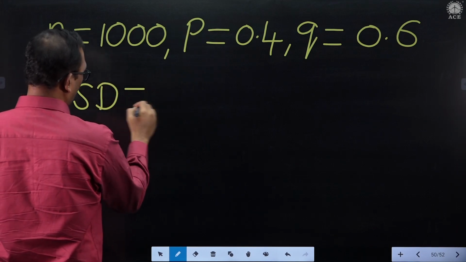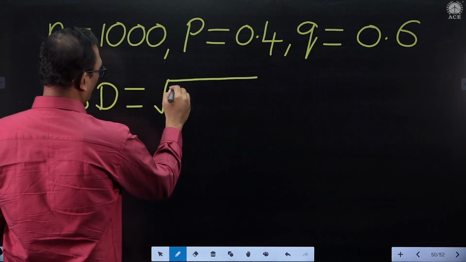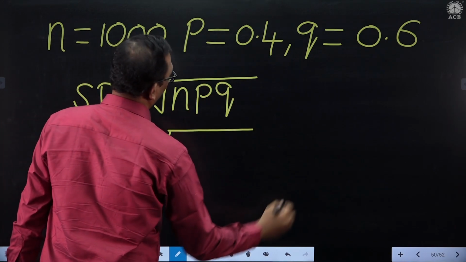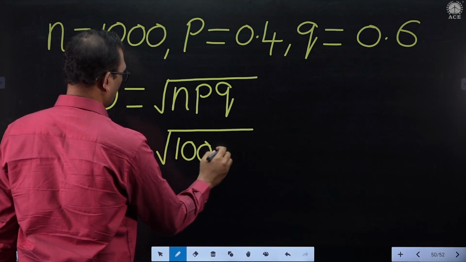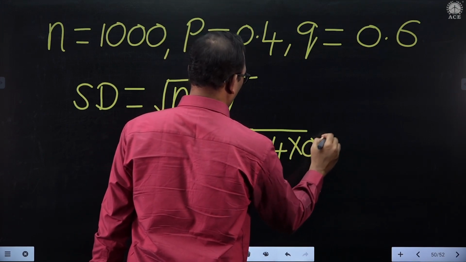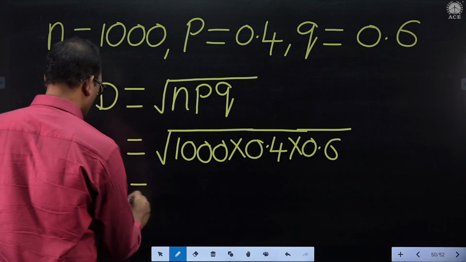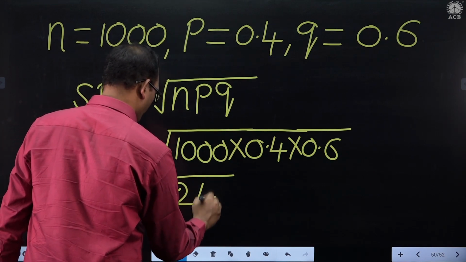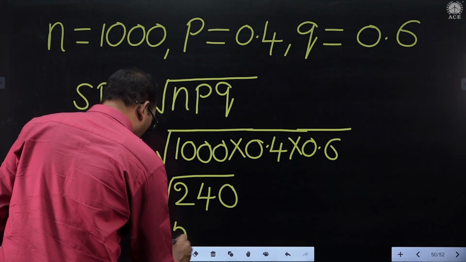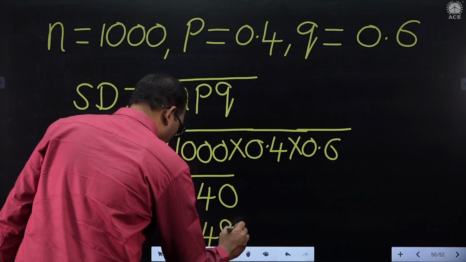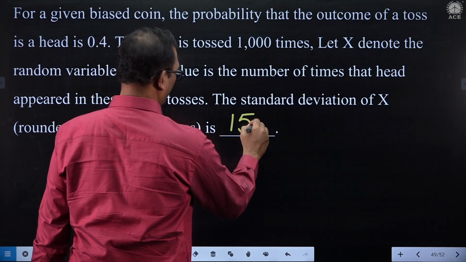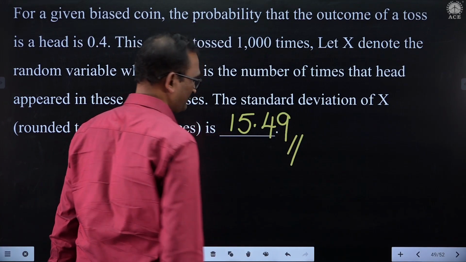Standard deviation of a binomial distribution is square root of npq, that is 1000 into 0.4 into 0.6, so npq is 240. So the value of square root of 240 is 15.49. So the answer is 15.49. Thank you.